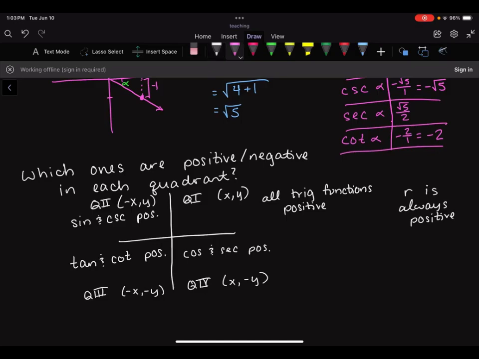Now there's also kind of a quicker way that I can teach you to remember this. I really do think it's important to know the why, and that's kind of what I've just explained. But another way you could remember this is there's an acronym.